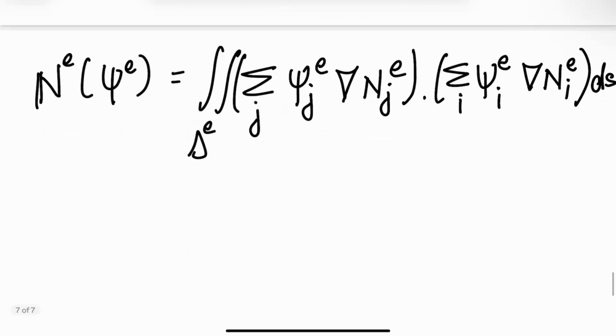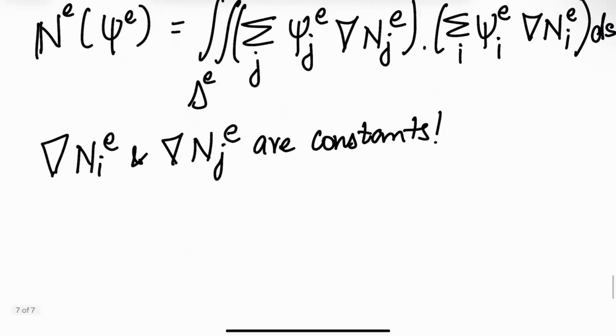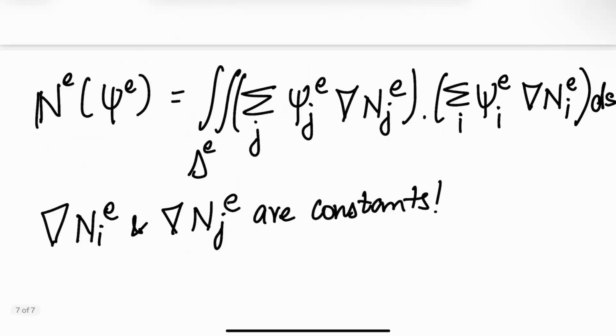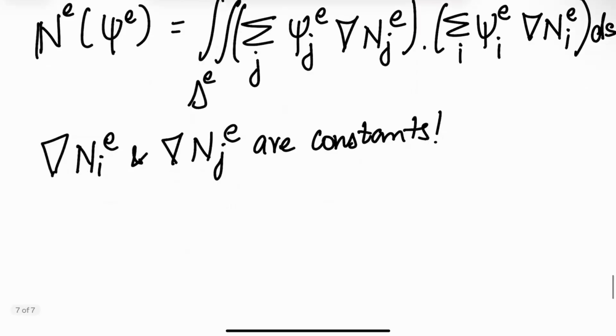Okay. And remember that the way we chose Nj and Ni is for them to have constant gradients, right? Or constants. So because they are constants, when I integrate, I can pull them out of the integral, right?